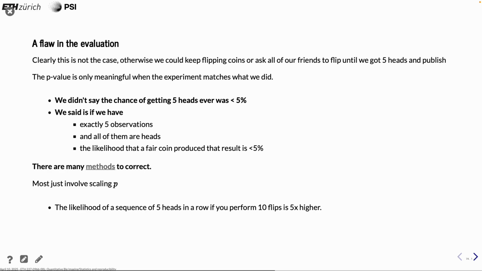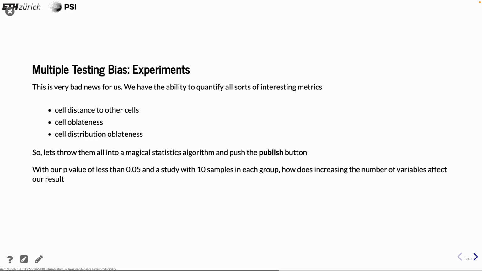That is something that happens, and when you increase the number of tests you need to correct for it. There we need to look into how to correct for the bias and the increasing number of probability.